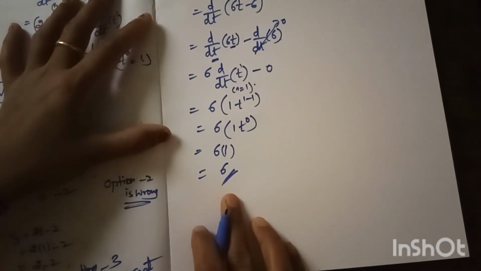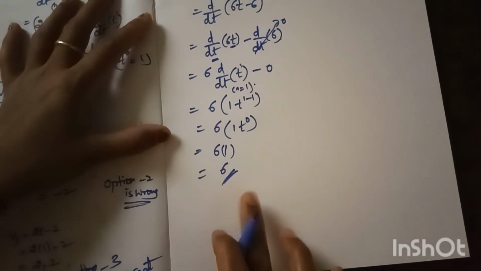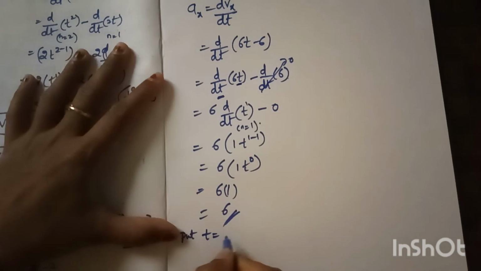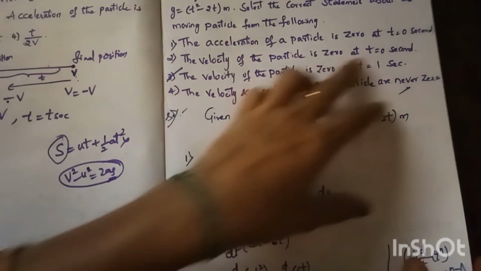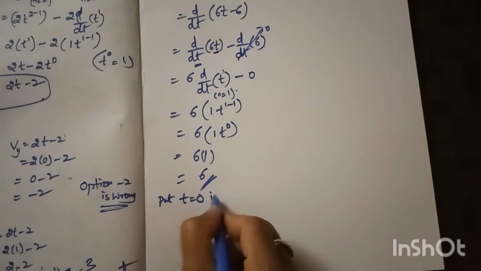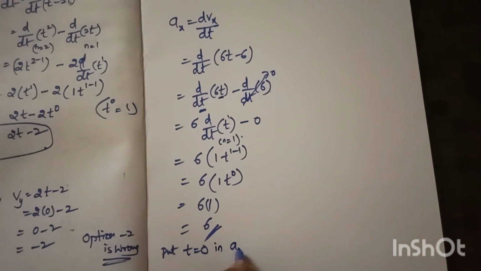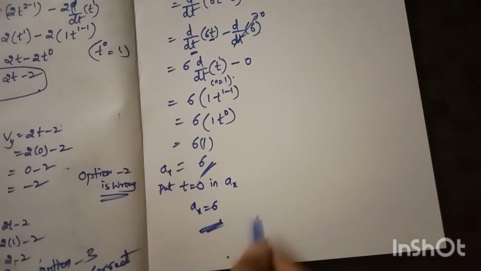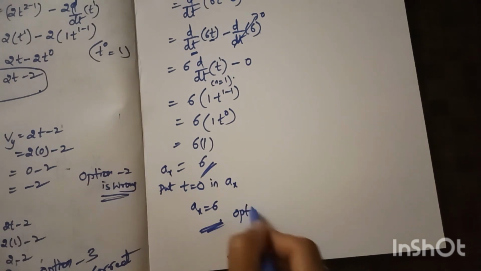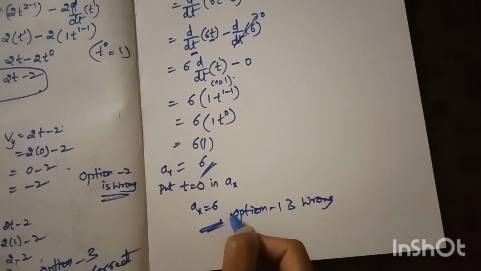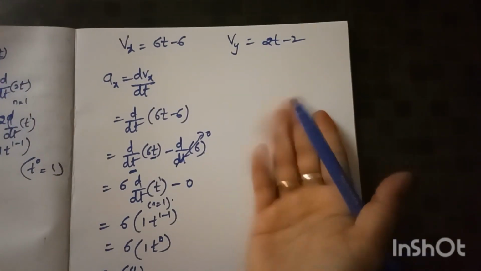Even when you substitute t equals 0, Ax will also be 6. The first option says that at t equals 0 the acceleration is 0, but Ax is 6 already. You can't substitute t equals 0 here, so this is the wrong option. Option 1 is wrong. As Ax is not 0, there is no need to solve Ay here.